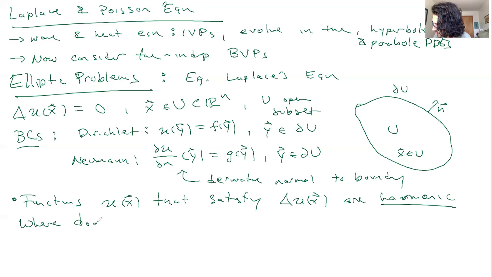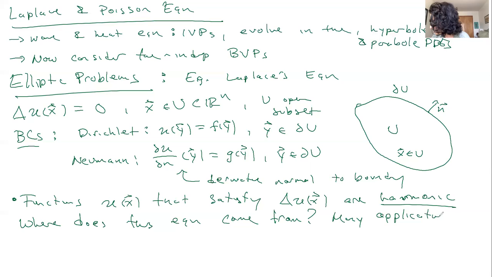Where does this equation come from? There are actually many applications of it: image processing, and a lot of areas of mathematical physics. Let's talk about two. First of these is the steady state solution to the heat equation.